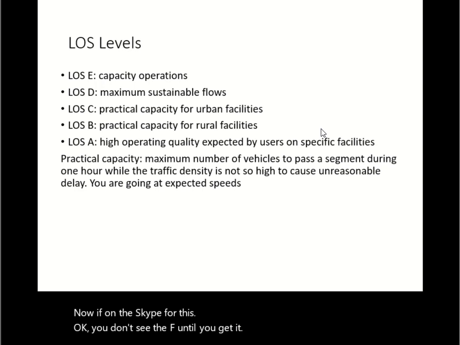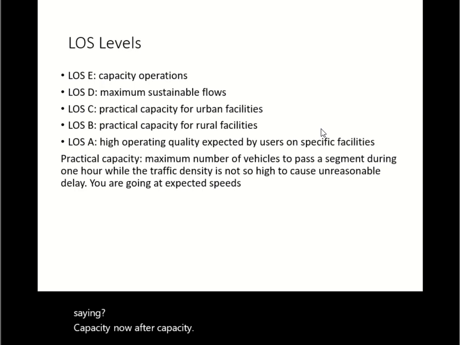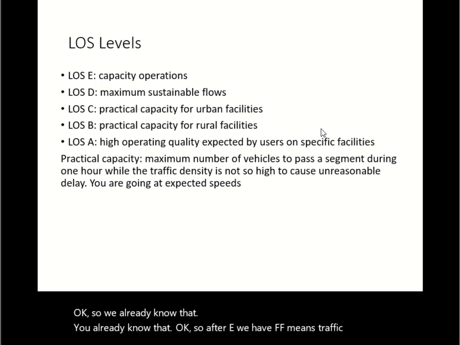But the reason is very clear. You see level of service E. What are they saying? Level of service E is what? Capacity. Now after capacity? So we already know that. After E we have F. F means traffic jam. So E is capacity.